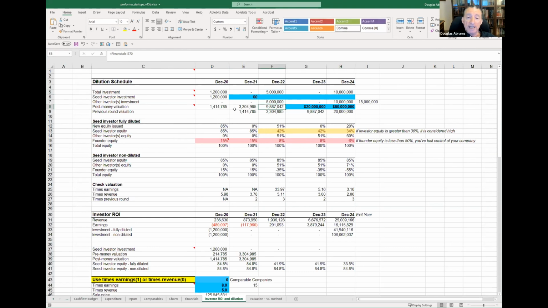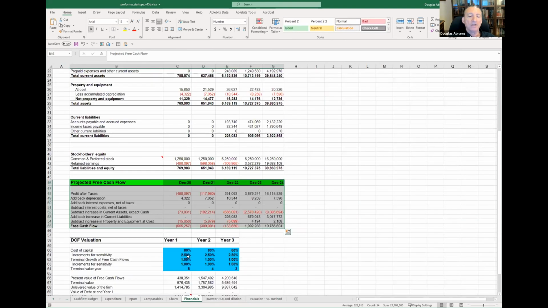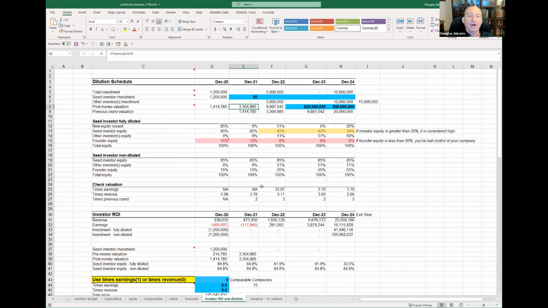Now you can see that the year 2 and 3 exit valuations are calculated for you by the model. This goes back to our financials page. So these exit valuations are calculated based on the revenue forecasts here. But in years 4 and 5, you have to input your own exit valuations because we can't do meaningful discounted cash flow forecasts for 1 or 2 years.